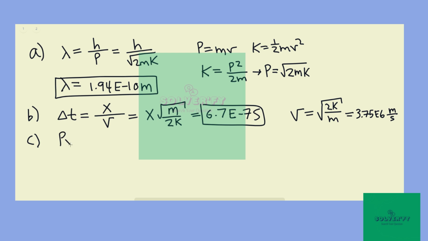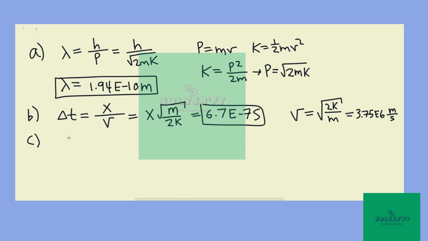So px is simply m vx, which we have. We then can relate this to the y momentum by noting, oh, actually, let's take a step back.